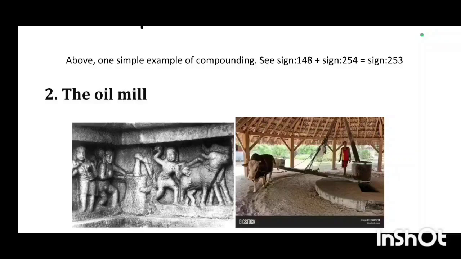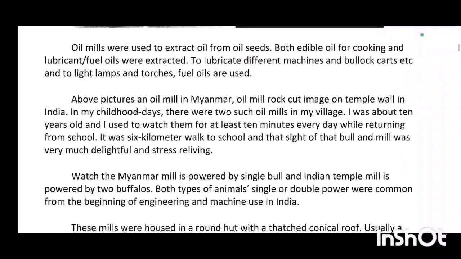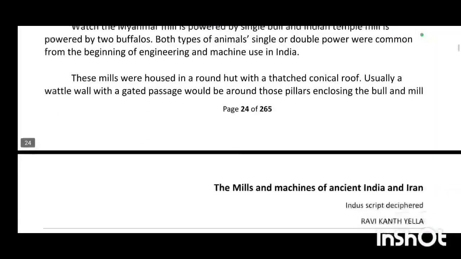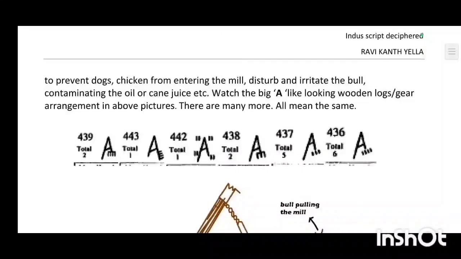A temple carving from Tamil Nadu shows how oil is extracted from oil seeds. An oil mill from Myanmar next to it. From here onwards, we will see how each and every sign of Indus script has originated.